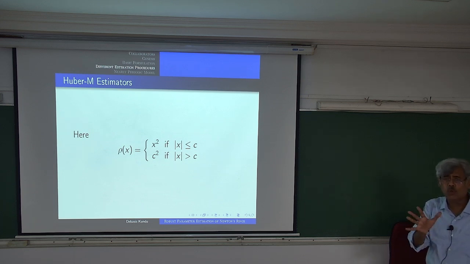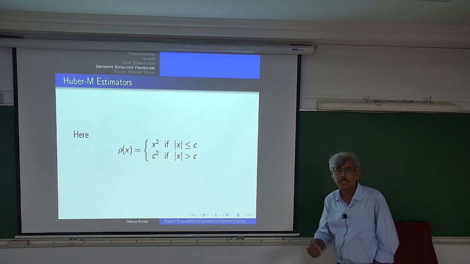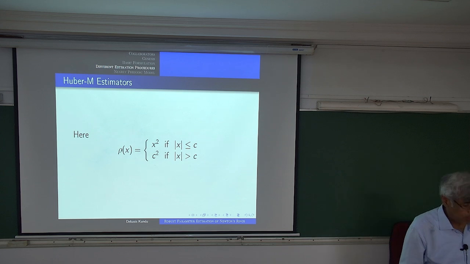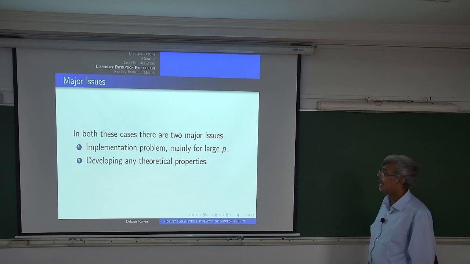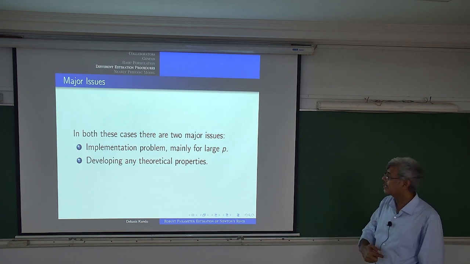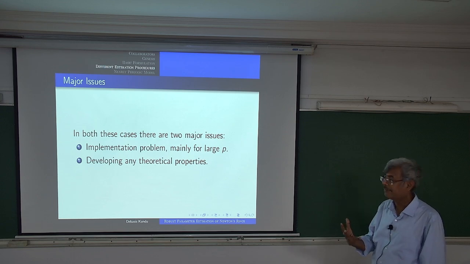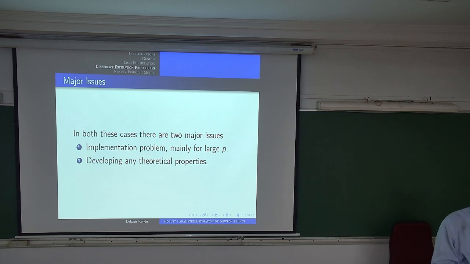So these are the two alternatives which behave as robust compared to the previous one. As I said, the implementation becomes a problem, mainly for large p, and not only that. Although in the case of the least square estimators you have a nice theory which can be developed, that may not be true in these cases.